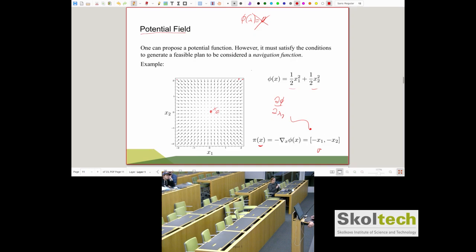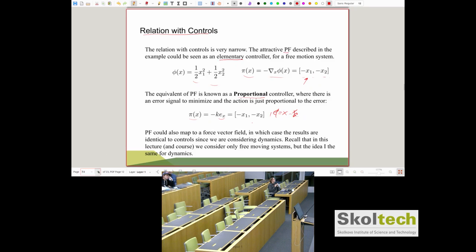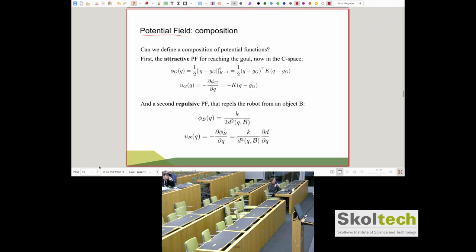This is a distance between x and x goal. Actually, this is the square, right? So it's kind of saying, look, your potential is just distance. You want to minimize this distance. This is a way of defining a potential. There are many others. Maybe it's not a quadratic function, but you want to use another thing.